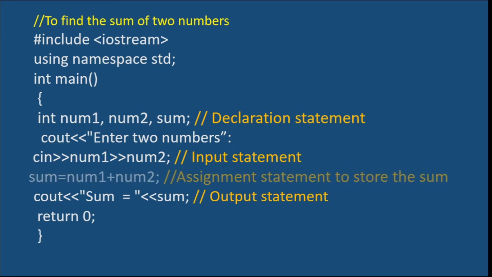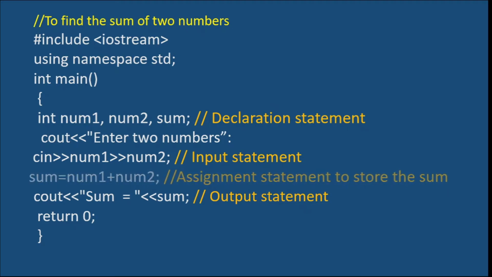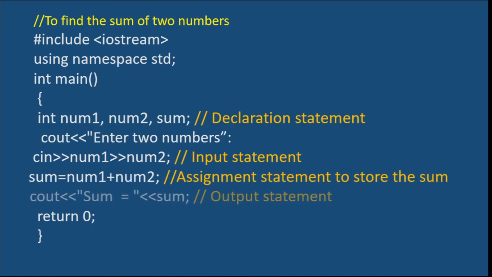Here the values that are in a new m1 and a new m2 will be added together and stored in sum. Now the result is there in sum and we have to bring the result and show it through the monitor. For that we are using an output statement, that is cout << sum.